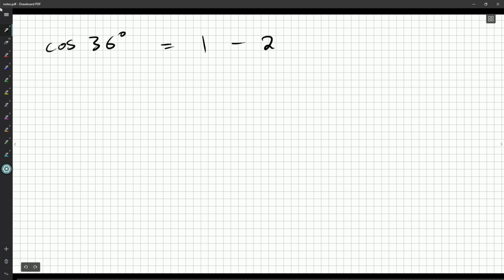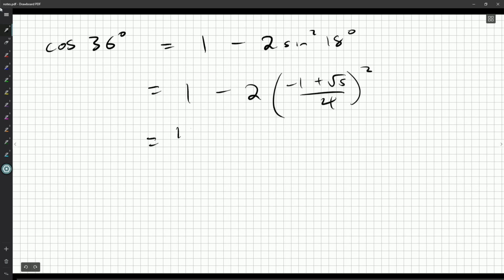That's 1 minus 2 sine squared of half the angle, so that'd be 18, and we know that one. There we go. Minus 1 plus root 5 over 4 this time, so don't make that mistake again.